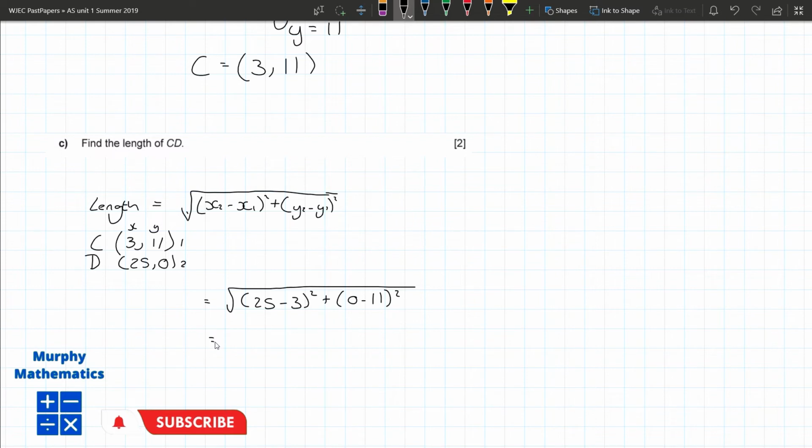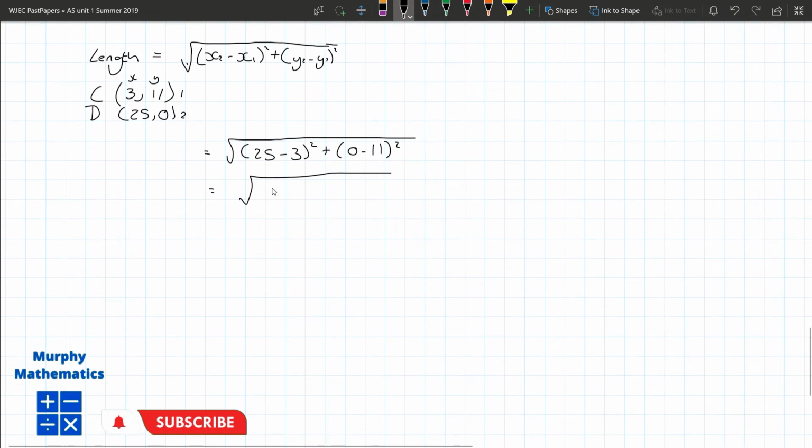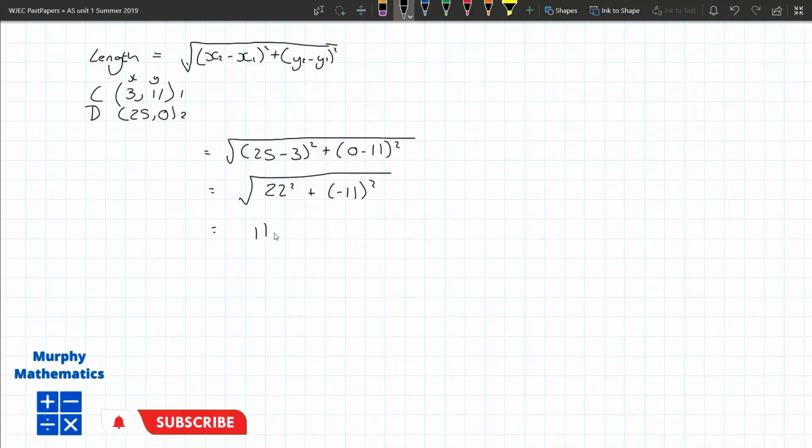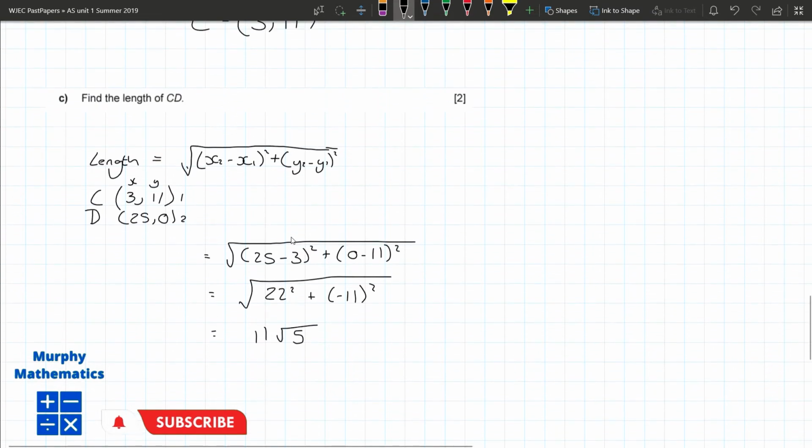That gives me the square root of 22 squared plus negative 11 squared. Put that into a calculator, we get 11 root 5. And that's just part C.